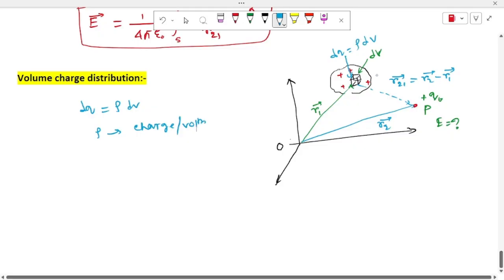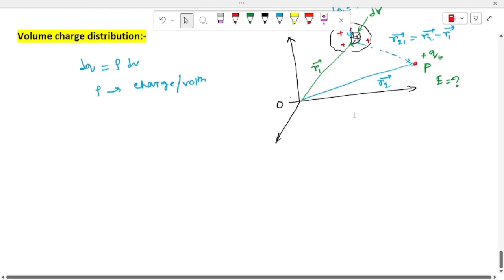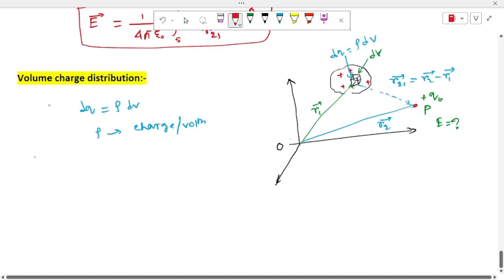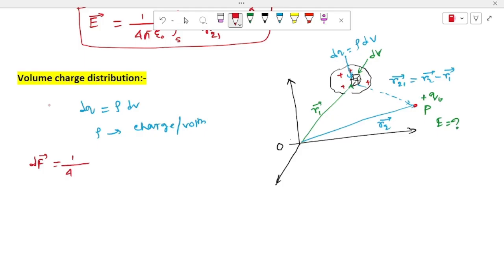So due to this small element, what is the expression of force at the point P? From Coulomb's law, we know the F vector is equal to 1 by 4 pi epsilon naught q naught rho dV by r21 square r21 cap.